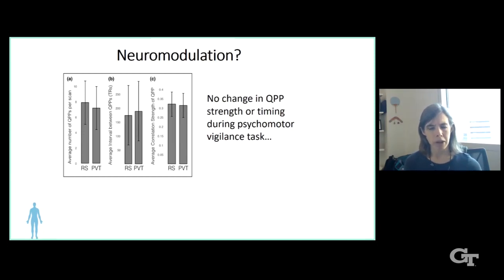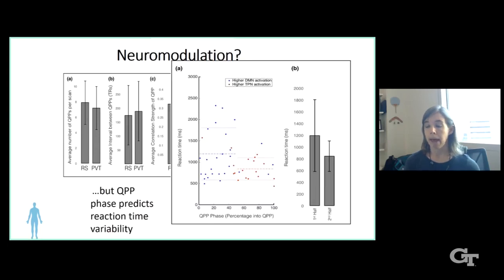And we didn't see any change, so that was a little disappointing. But then we looked at the reaction time and how the reaction time lined up with the phase of the QPP. And we found that if you were in the phase of the QPP where the DMN is active, your reaction time was a whole lot more variable than it was in the phase where the task-positive network was active. So that again said, well, maybe we're still onto something.